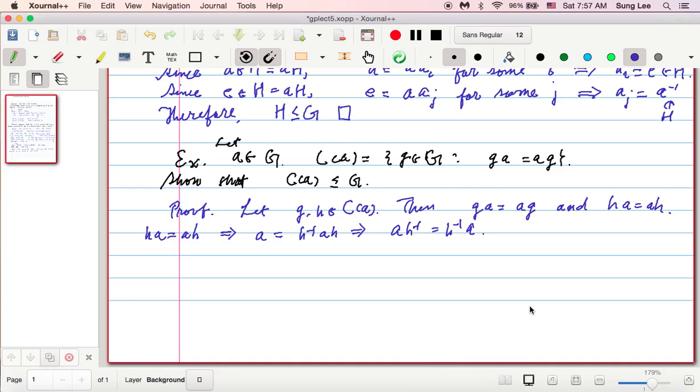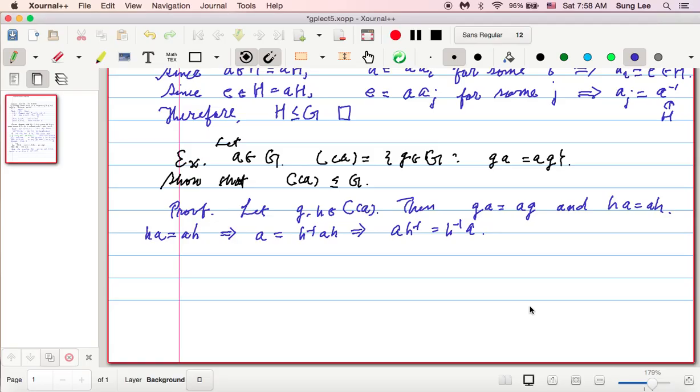I just realized that the way I want to show this is not necessarily simpler than checking that the identity belongs to C of A, that C of A is closed under multiplication, and that for any element in C of A, the inverse also belongs there, right?